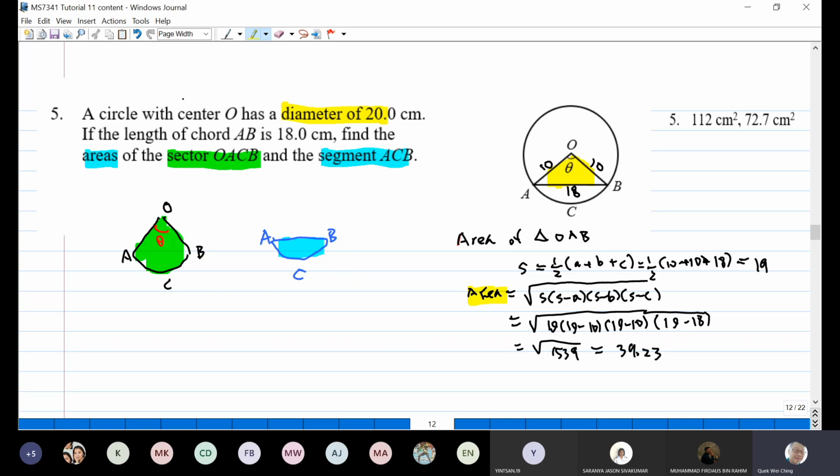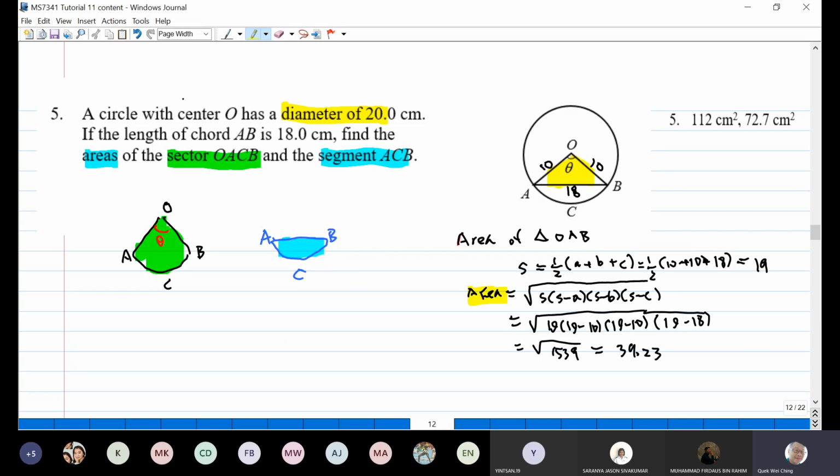Then how do you find theta here? Can you find theta here? Well, you can actually use the law of cosine, right? And I need theta because I need that to find the area of the sector here.